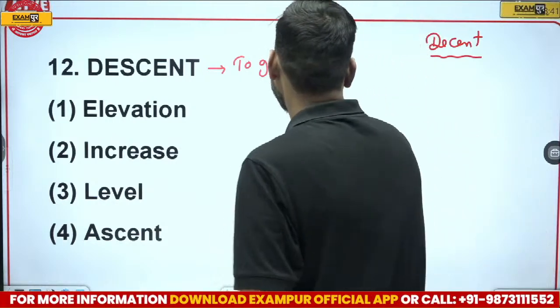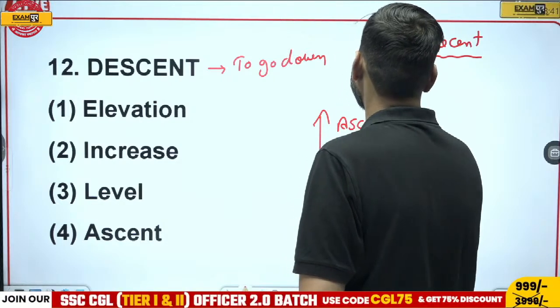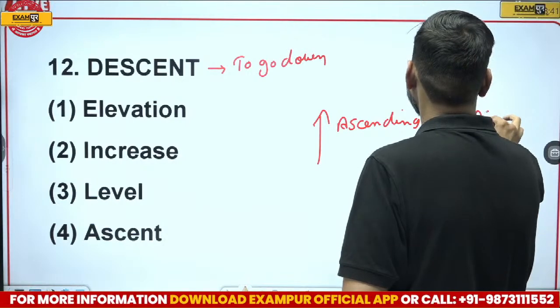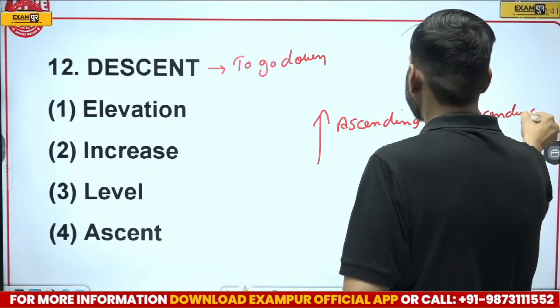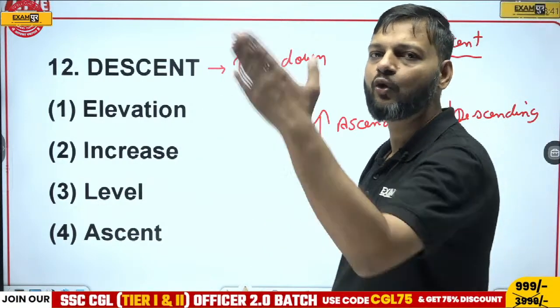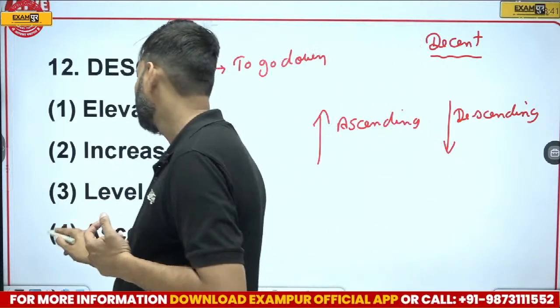So this is ascending and this is descending. Descending means to go down and ascending means to go up. So the antonym of descent is ascent.